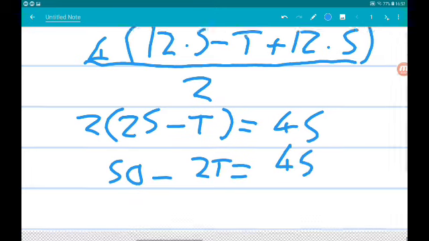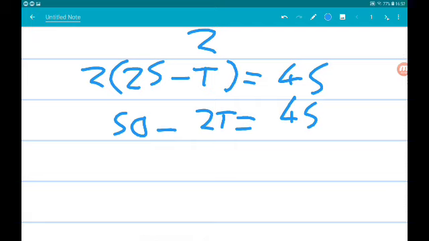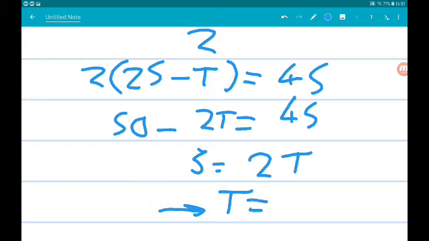Add 2t, subtract 45, 5 is equal to 2t, so t is 2.5 seconds.